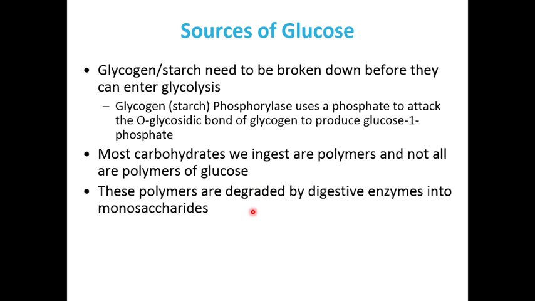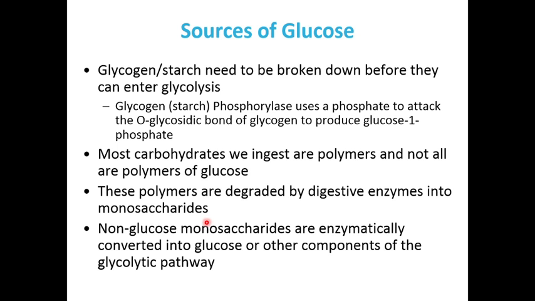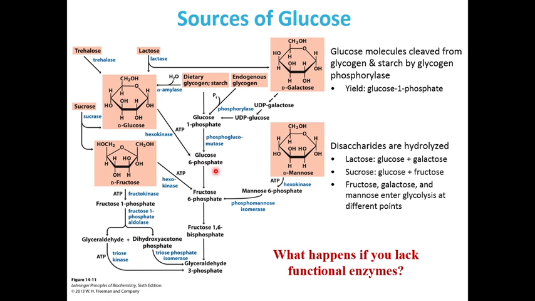These polymers are degraded by digestive enzymes into monosaccharides. Non-glucose monosaccharides are enzymatically converted to glucose or other components of the glycolytic pathway. The image shown here describes in detail the sources of glucose.